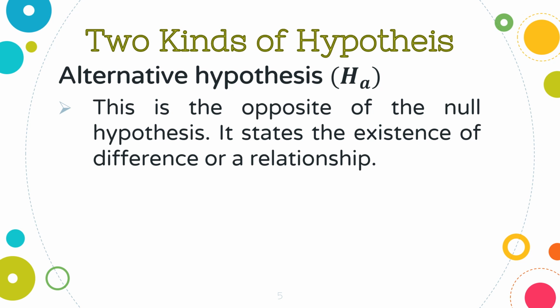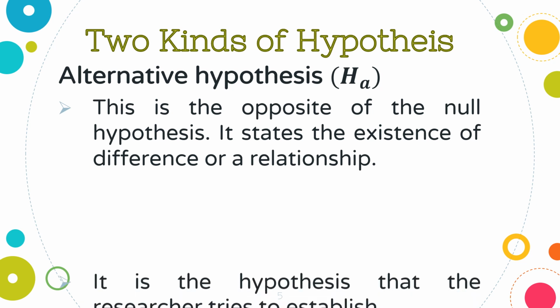If the null hypothesis states that there is no relationship, hindi nag-exist ang relationship or difference between the variables, for the alternative hypothesis, merong existence. There is an existence of relationship or differences between the variables.